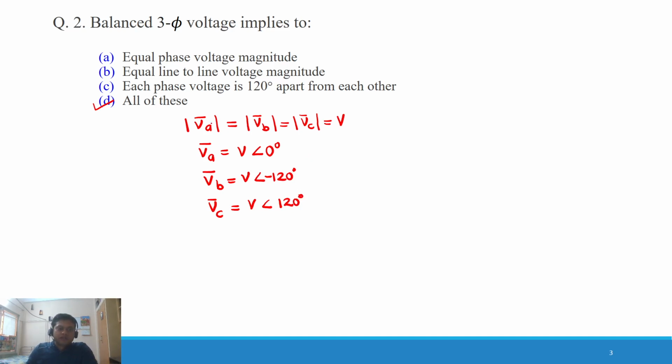So if phase voltage magnitude is equal, then the line to line voltage magnitude will also be the same. Another property is that VA plus VB plus VC is equal to 0 if it is balanced in nature.